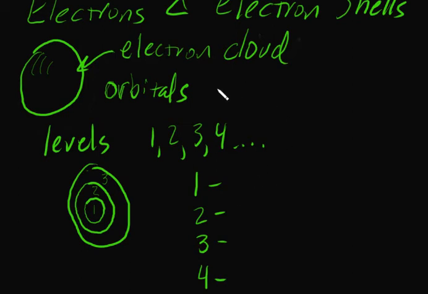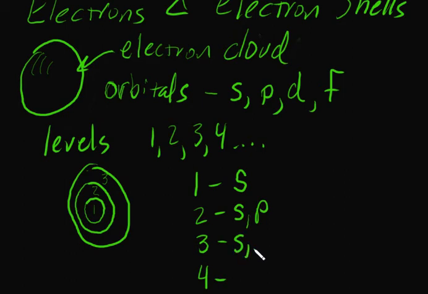Now, the orbitals, there are different types. There's an s orbital, there are p orbitals, there are d orbitals, and there are f orbitals. And the arrangement is such that each time we gain a new level, we then bring in a new orbital. So level 1 can only have s. Level 2 can have s, and then we bring in the p's.